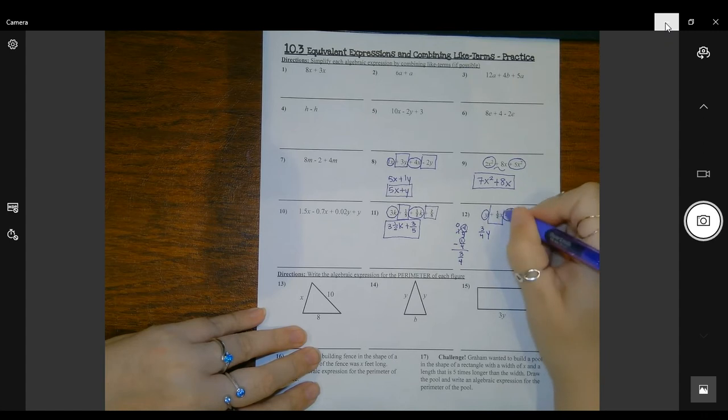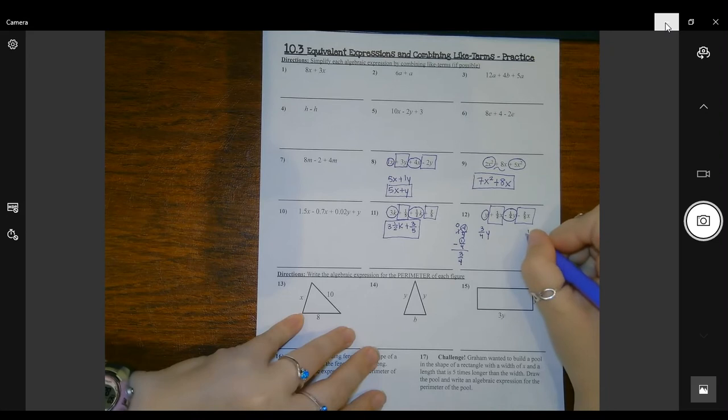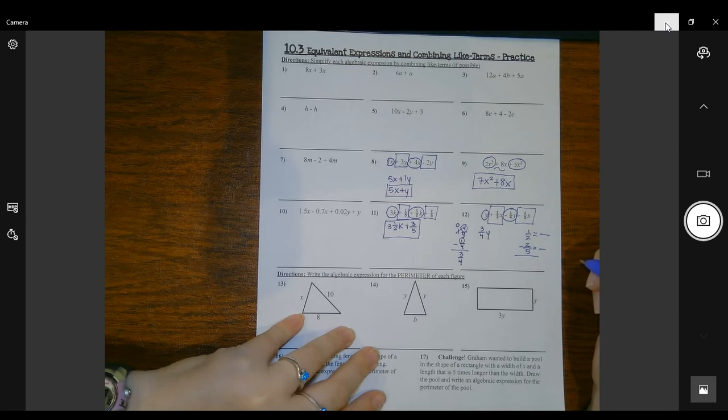Now for the x terms, you have 1/2 minus 2/5. Remember, when you're adding or subtracting, you need to get a common denominator. So what can 2 and 5 both become? They can both become 10. Now 5 times what is 10? 2.